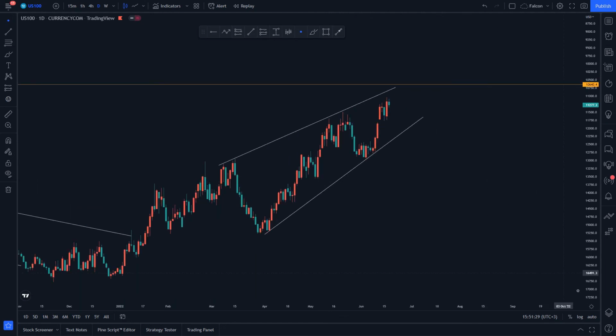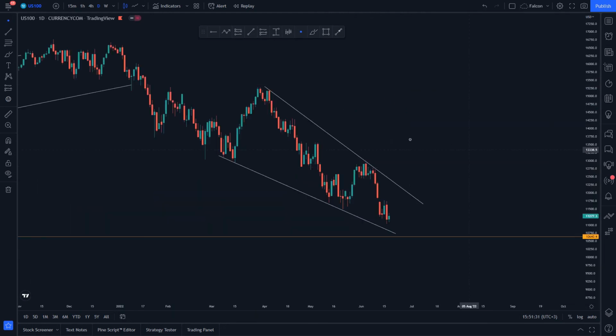As you can see, the structure is so clean. Currently you're waiting for that third touch. So what we are waiting for is that last push to these levels, and then we look for buy entries to the upside.